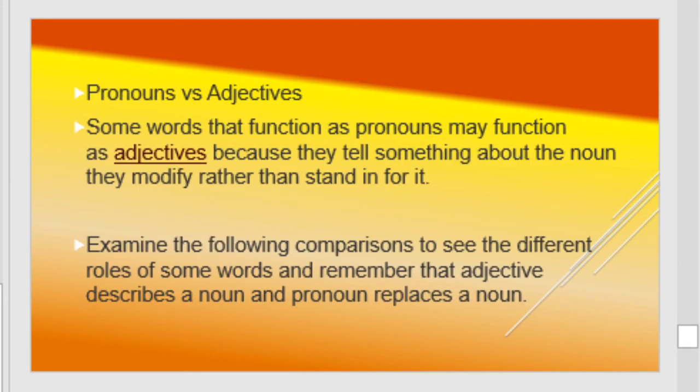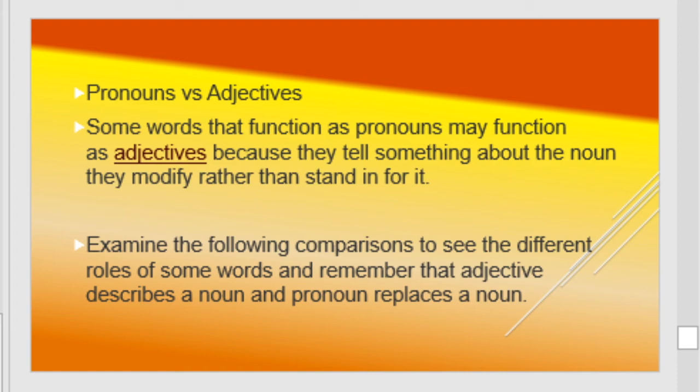Next, pronouns versus adjectives. Some words that function as pronouns may function as adjectives, because they tell something about the noun they modify rather than stand in for it.